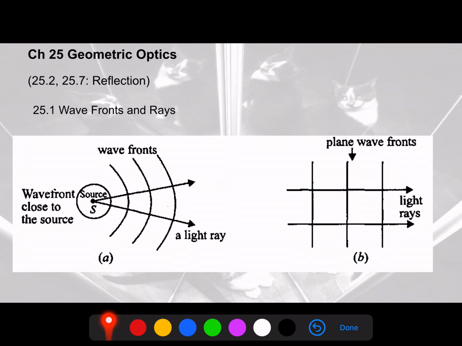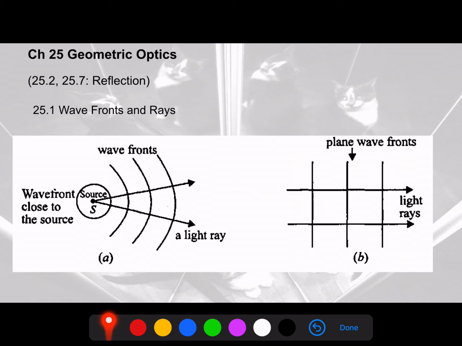So you could imagine that when you get far enough from the source, they're curved to reflect the fact that the electromagnetic radiation is spreading out in a spherically symmetric way. But when you get far enough away from a wave source, this curvature is going to dissipate and give way to something which is essentially like parallel lines.